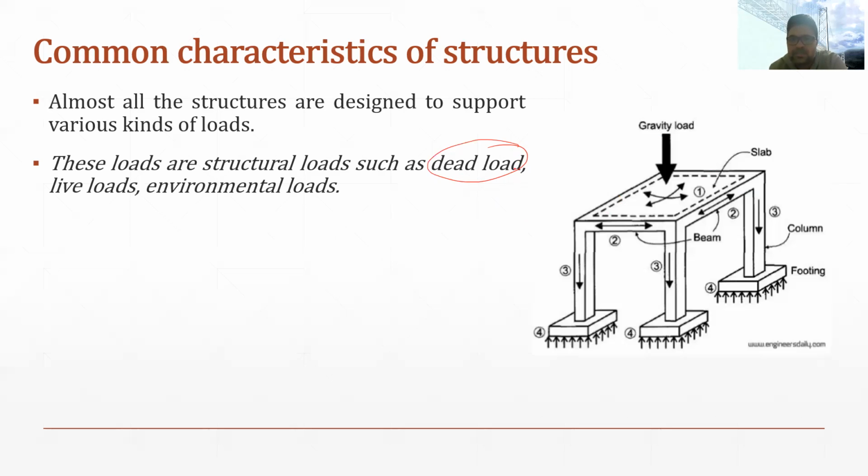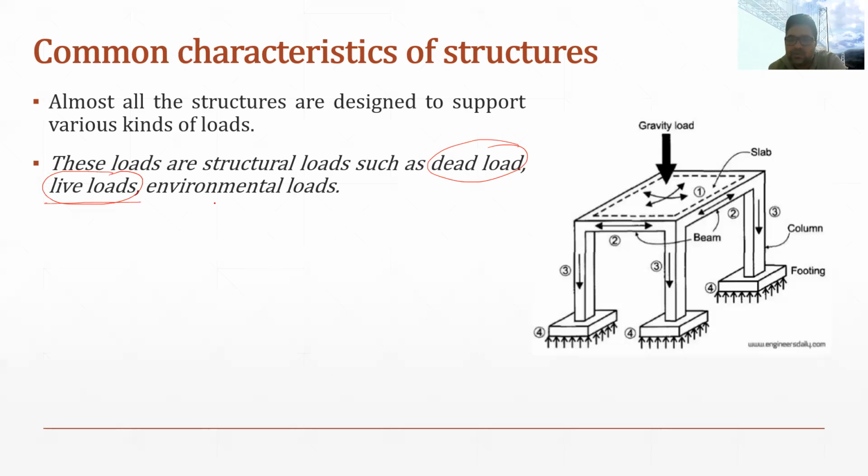Similarly, another category of load is the live load. Now this live load is actually the moving load, and this live load is not certain at any particular time. Generally we design our building to resist some load. For example, if we are designing a bridge, we are designing that bridge for the traffic movement.